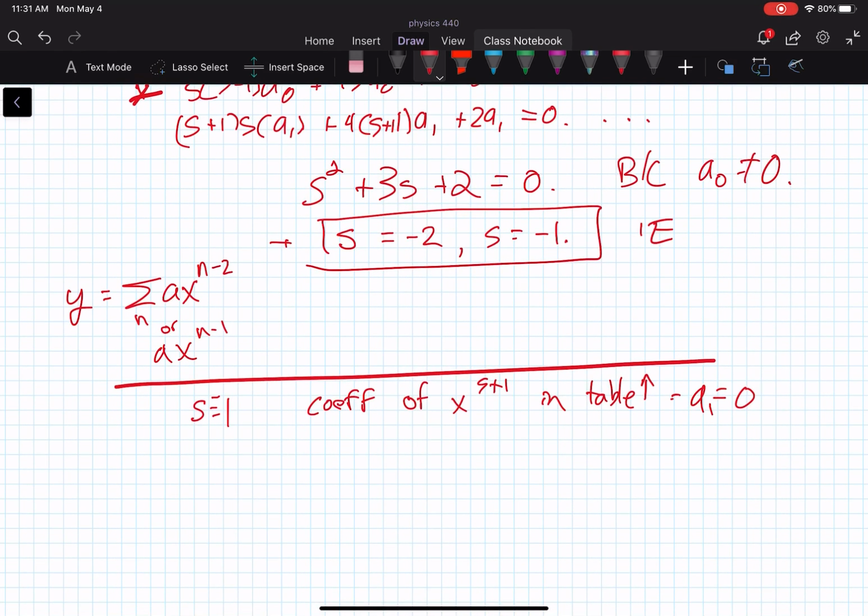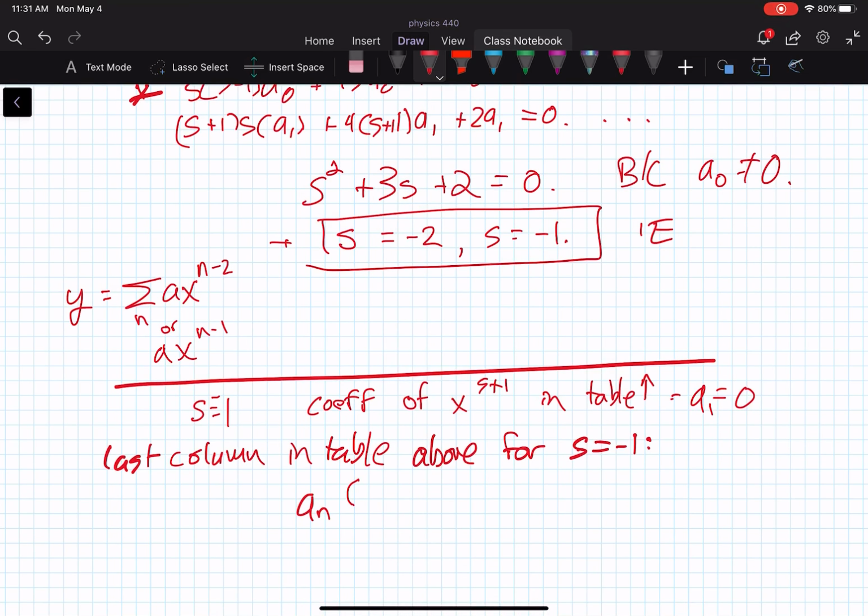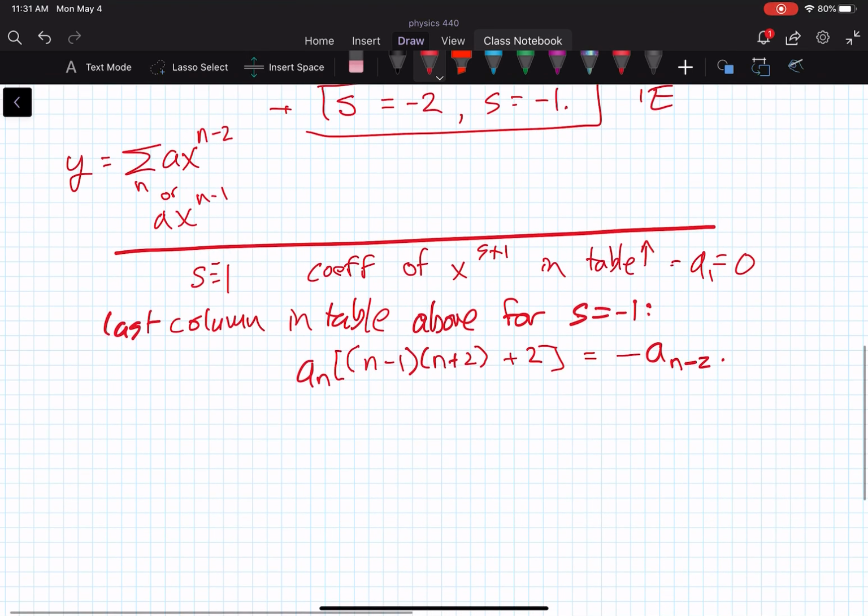If we look at the general case, the last column in the table above, for s equals minus 1, what we get is a sub n times n minus 1 times n plus 2 is equal to minus a sub n minus 2. You should convince yourself that that is correct.